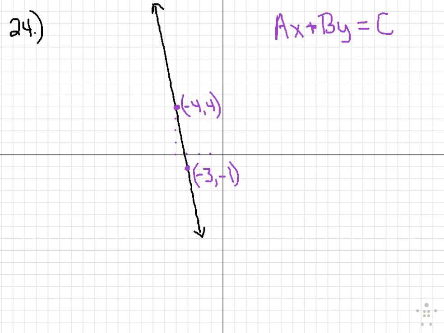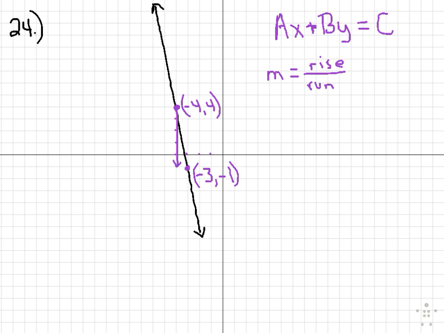Now, we could figure out the slope because slope is rise over run, or you could use your formula y2 minus y1 over x2 minus x1. It might be easier just to count. So how far does it rise? Alright, well, if you start from this point, it goes down 1, 2, 3, 4, 5.